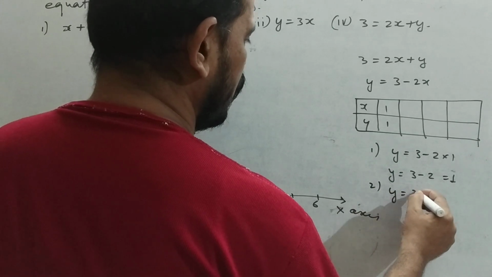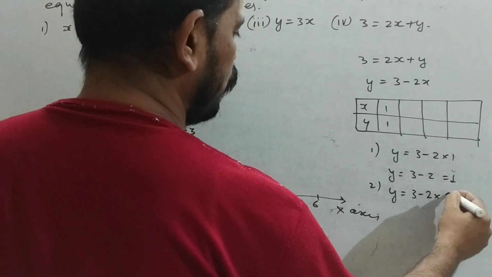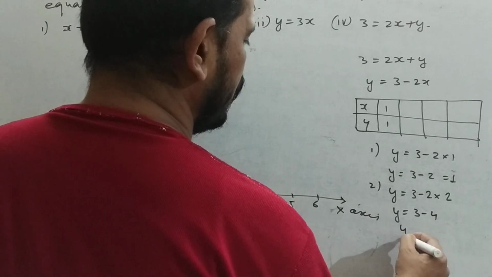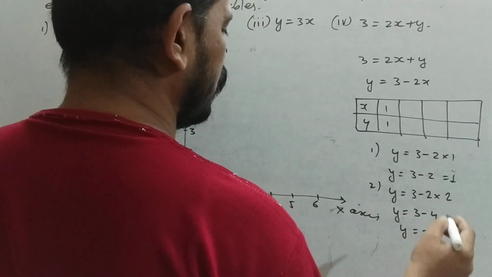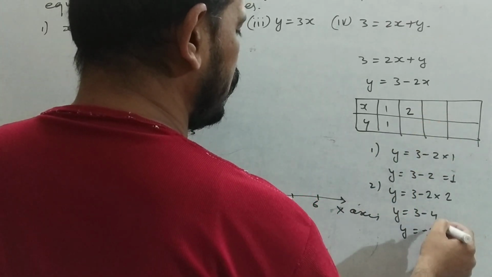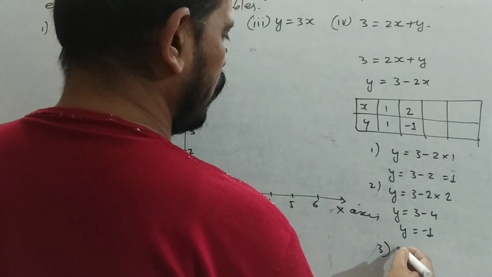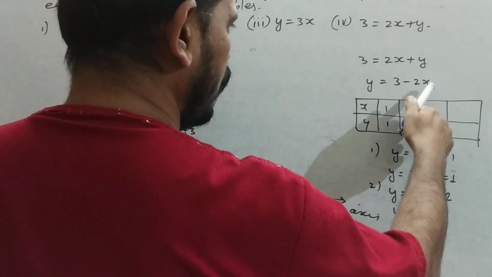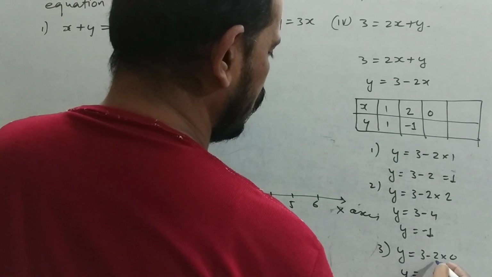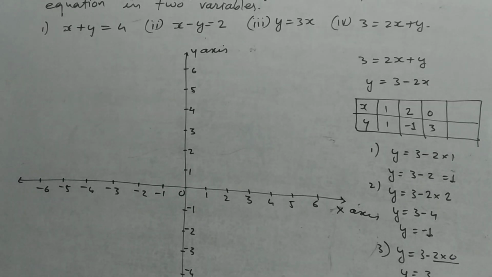Suppose you take x = 2. Then y = 3 - 4, so y = -1. If x = 2, y = -1. If you take x = 0, then y = 3 - 2 times 0, so y = 3. You can take any number of values for that.